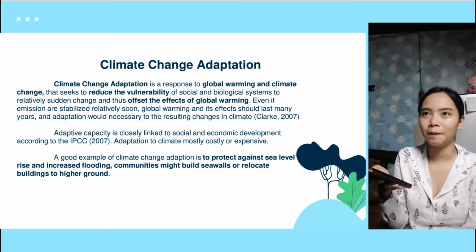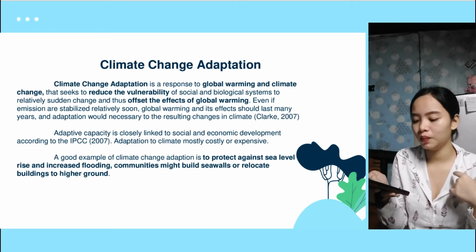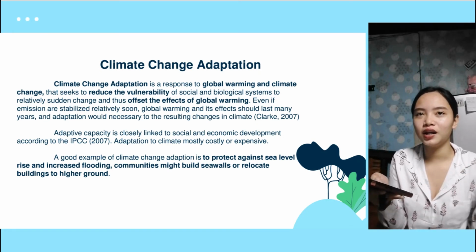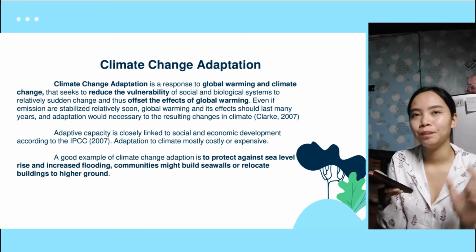So taas na gyud kayo kay dito gyud prone sila og baha. So naa sila seawall para inig taas ang tubig dito na lang sila manaka.